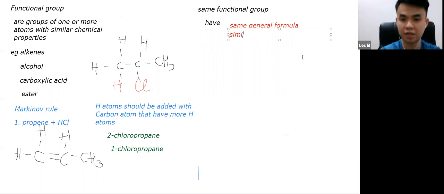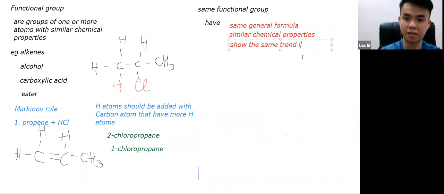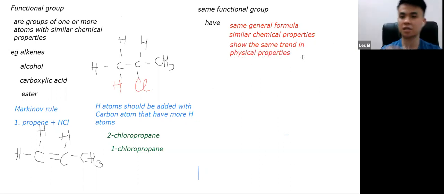They will have similar chemical properties. They will show the same trend in the physical properties. What is the same trend in the physical properties?